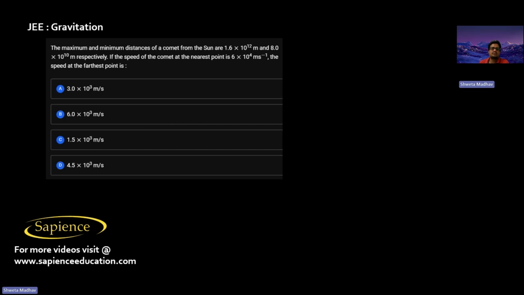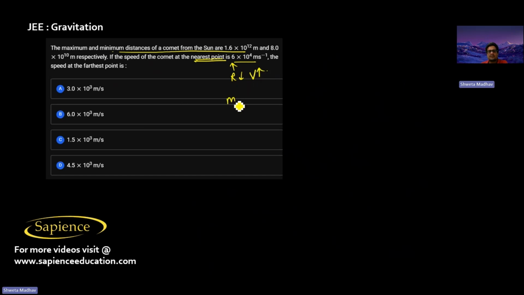And here it is told the maximum and minimum distances of a comet from the sun are 1.6 × 10¹² meter and 8 × 10¹⁰ meter respectively. The speed of the comet at the nearest point is 6 × 10⁴ meter per second. The speed at the farthest point is? At the nearest point, r will decrease, so the speed will increase.